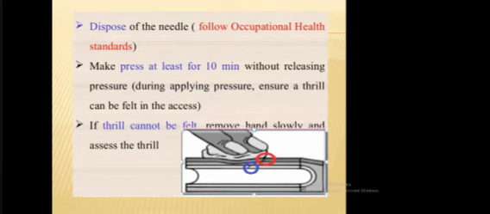If the thrill cannot be felt, remove the hand slowly and assess the thrill again, because the pressure should not allow closure of the fistula. Then ensure that the thrill is okay with the fistula.